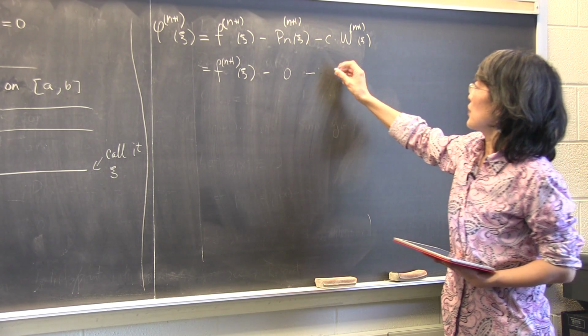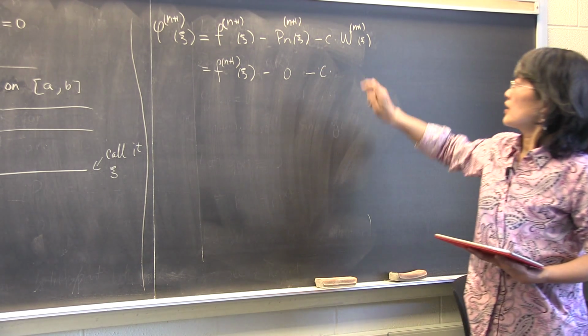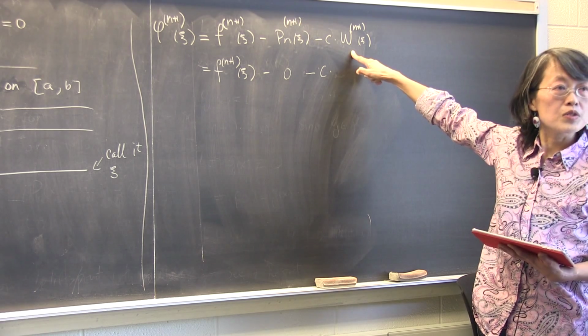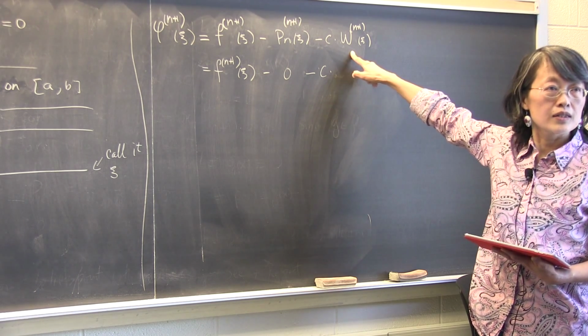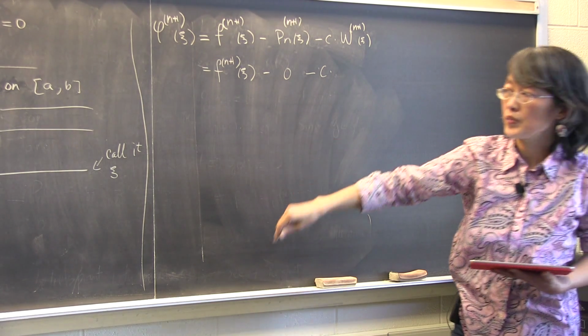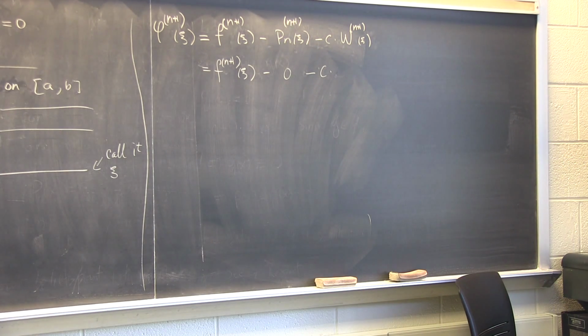And what about the last one? I'm keeping the c here. w n plus 1 derivative. What do I get? We worked it out somewhere. I remember we did that, right? It's n plus 1 factorial.